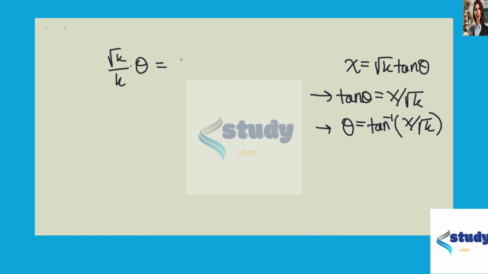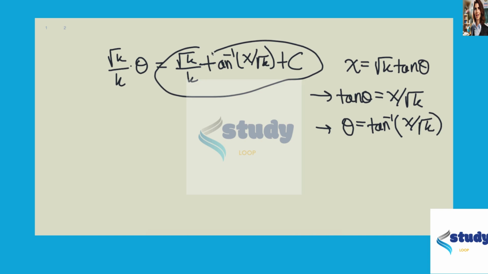So that will be our value for theta. And then our constant of integration c. So this would be our answer in the case when k is a positive number.